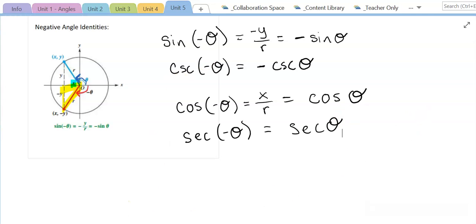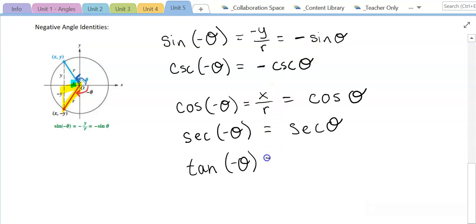The final thing you want to think about is tangent and cotangent. Thinking about tangent, remember tangent is what ratio? What is the ratio for tangent? You could have done multiple things. You could have done y over x, or you could have done sine over cosine. But think about what we have here.